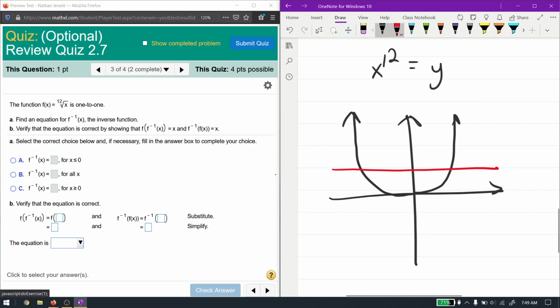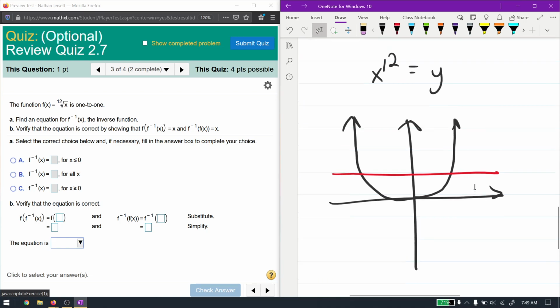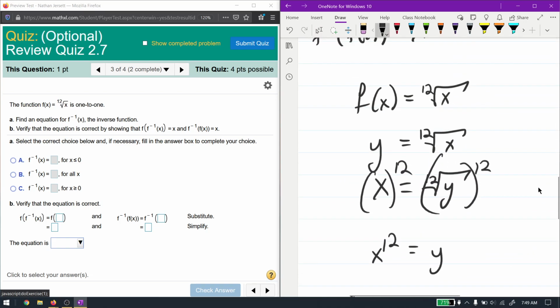However, if you'll notice from the previous graph that I drew of this one, it starts here at the origin and goes up like this. That means all we considered here was x greater than or equal to 0.